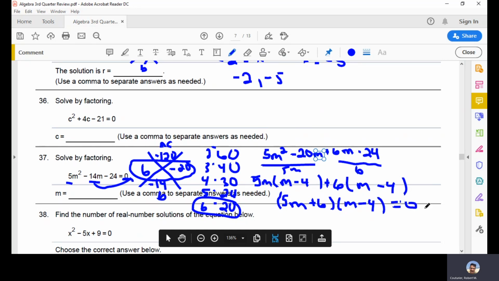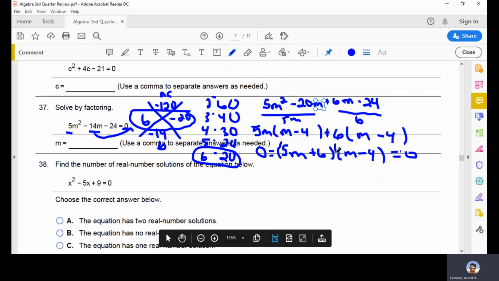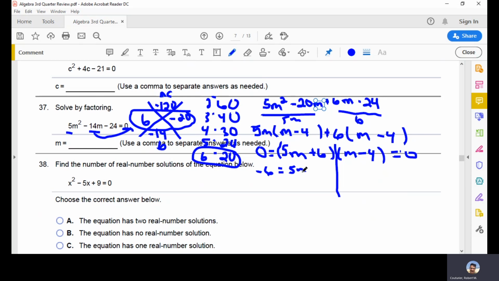Since this is the zero product property, you have to set each piece equal to 0 and solve each one separately. Here's one equation to solve. Here's the other equation to solve. So you subtract 6 from both sides on this one, then you divide by 5, and you divide by 5.